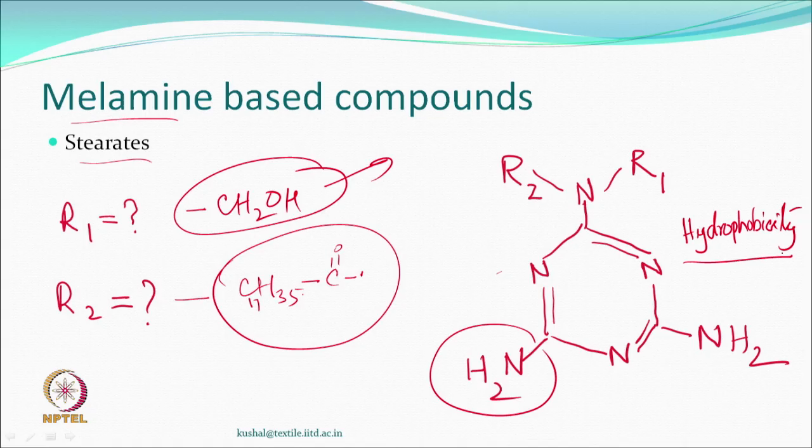Hydrophobicity will improve based on the length of the R2 as far as the carbon chain length is concerned, and also how many of these you are going to be adding to this melamine compound. So, remember, all the groups and compounds that we have used before can be used for water repellency as well.